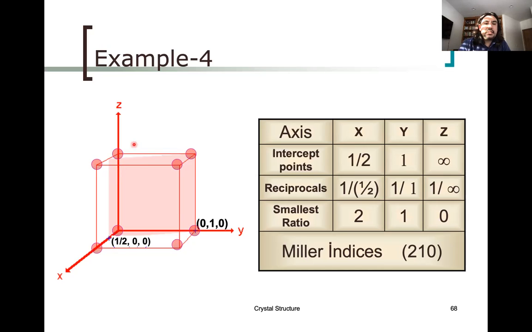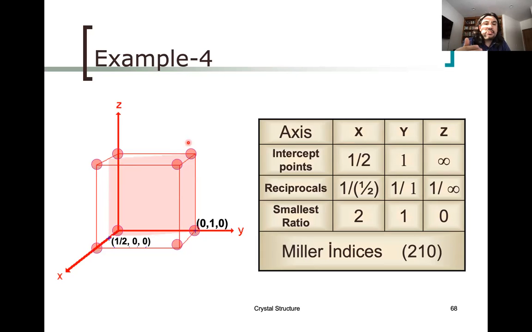For instance, there's this one right here, the 2, 1, 0. So in that family of planes, the actual plane that this one passes through here, is there a plane that passes through the 0, 0, 0 point? Oh, yes, that's possible. 0, 0, 0, that is possible.